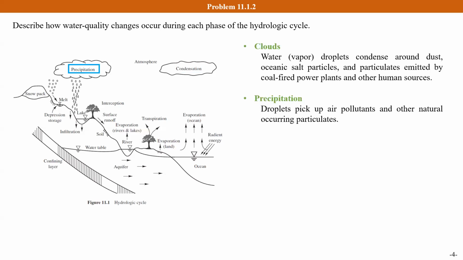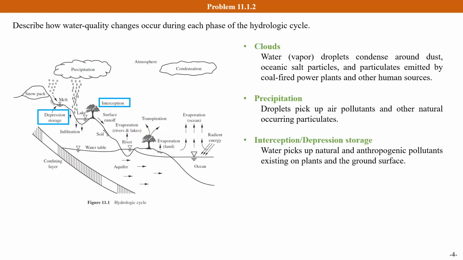For precipitation, the droplets pick up air pollutants and other naturally occurring particulates. For interception and depression storage, the water picks up natural and anthropogenic pollutants existing on plants and the ground surface.